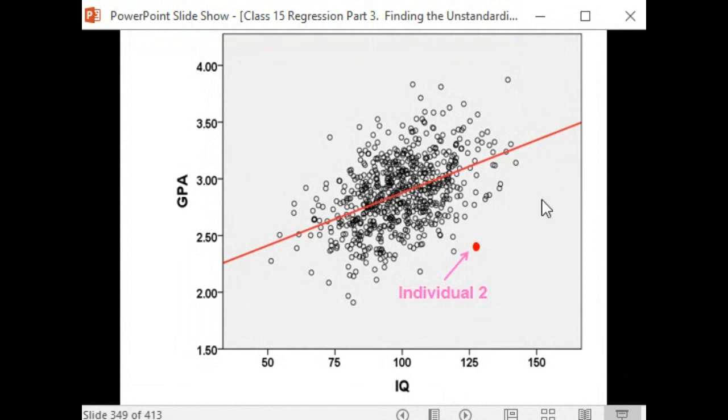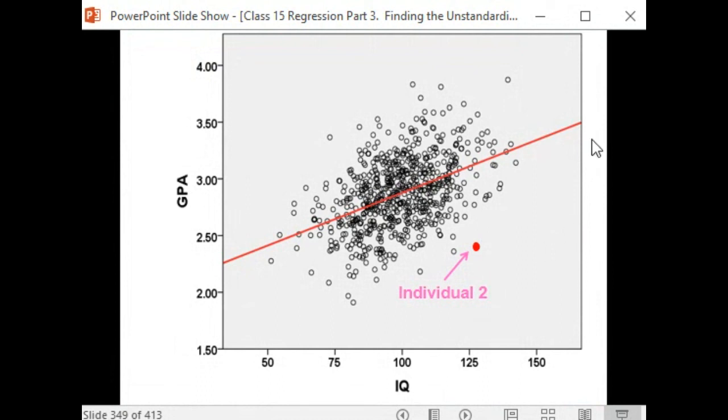Okay, now here's a question for you. Is the prediction error for individual 2 going to be positive or negative? Okay, so actually individual 2 is below the regression line, so the error is going to be negative.